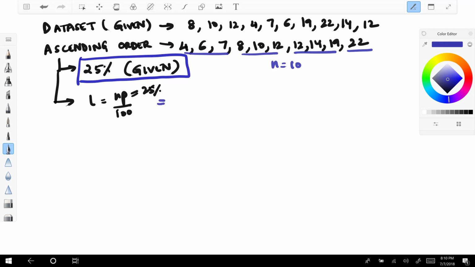So our location calculation would be 10 multiplied by 25 divided by 100. This comes to 2.5, and this value is a non-integer.